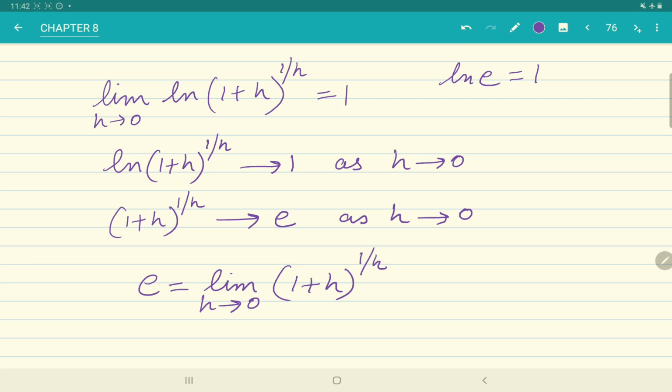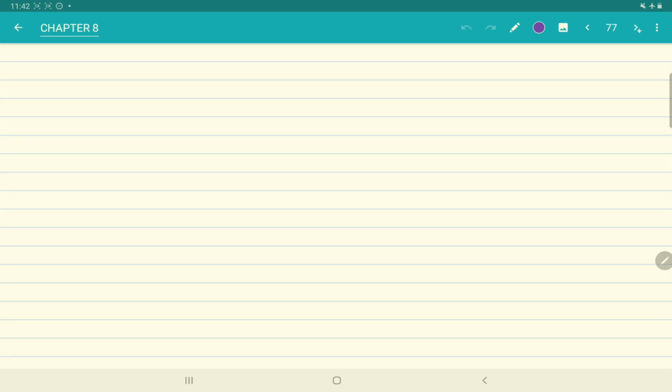If I take a look at a table and I write h being equal to first 1, and then I take a look at what is 1 plus h raised to the power 1 by h.